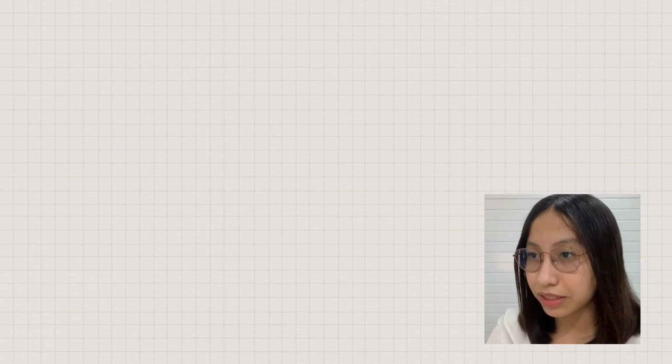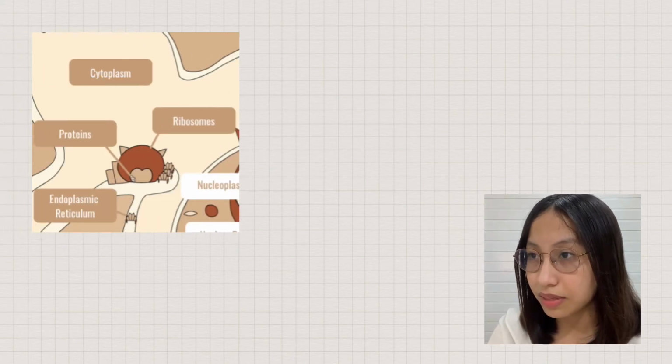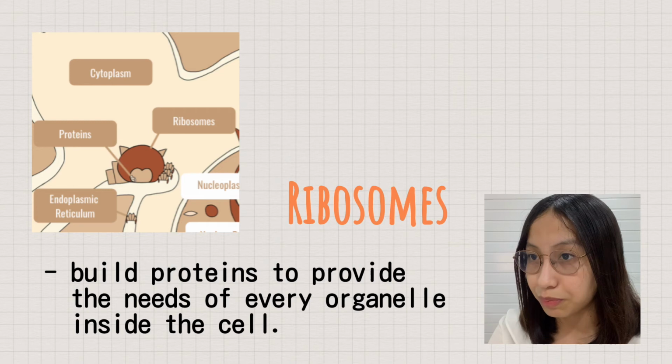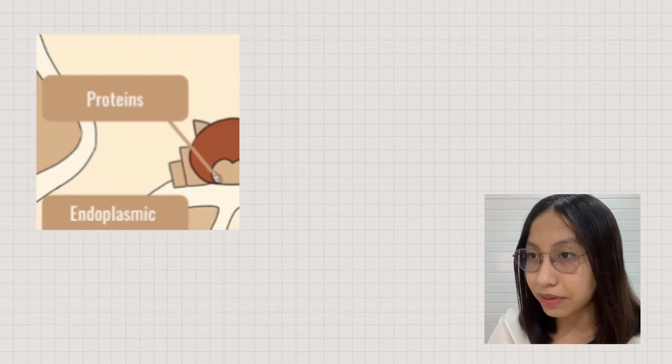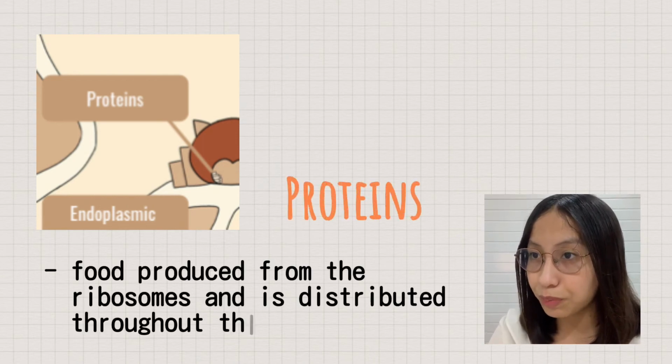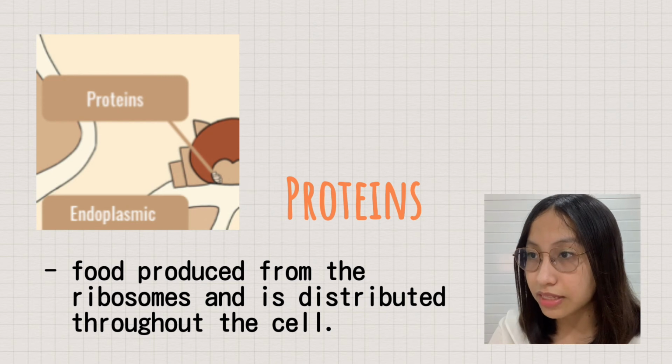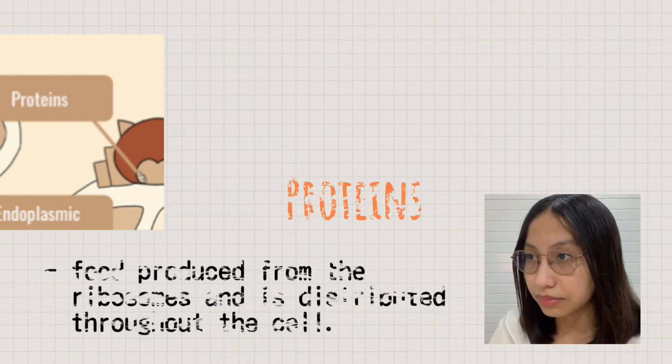The cat food factory produces food for the kingdom, just like the ribosomes that build proteins to provide the needs of every organelle inside the cell. The sac from the factory contains the food needed by the kingdom. It is similar to proteins, which is the food produced from the ribosomes and is distributed throughout the cell.